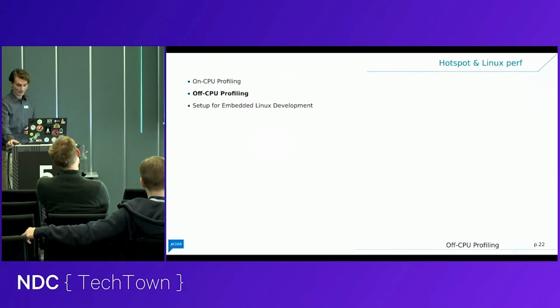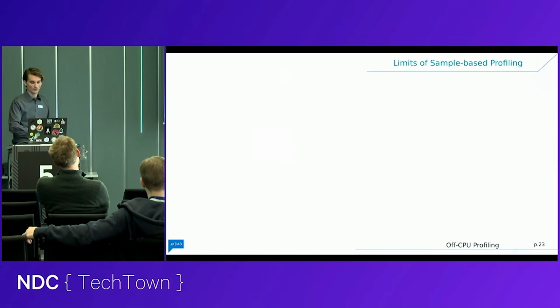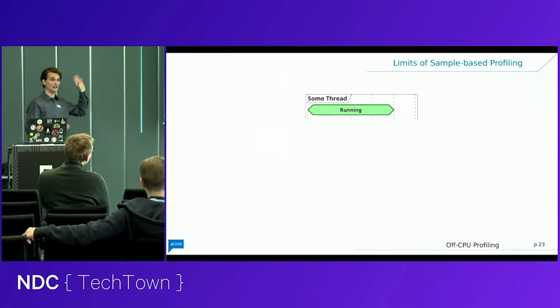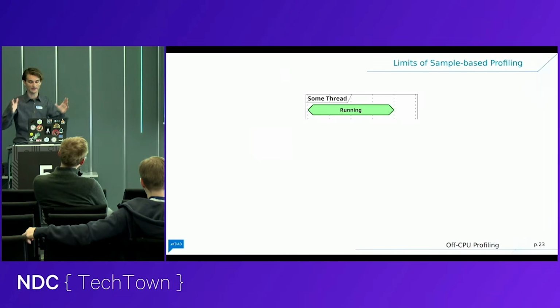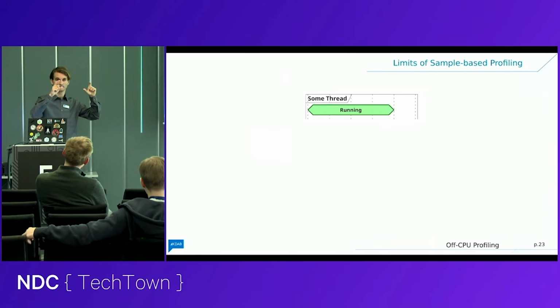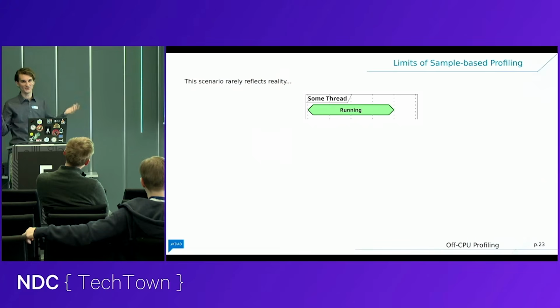So let's switch gears and have a look at off-CPU profiling instead, because what we looked at so far is this happy case where we have a task or individual thread running, meaning we are not scheduled out. But this is usually not the reality, right? We are not working in a vacuum.